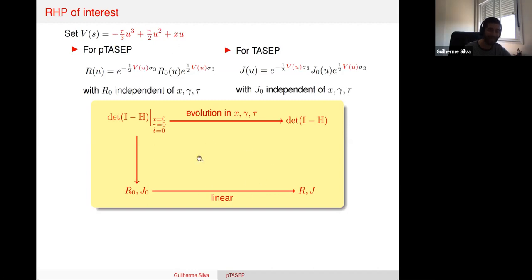So it's basically a linear evolution, or exponential linear if you prefer, but a super simple evolution. And if you know how to compute that, now you just solve your Riemann-Hilbert problem for the evolved parameters, and you get back the Fredholm determinant that you want for the evolved parameters. So far, so good.